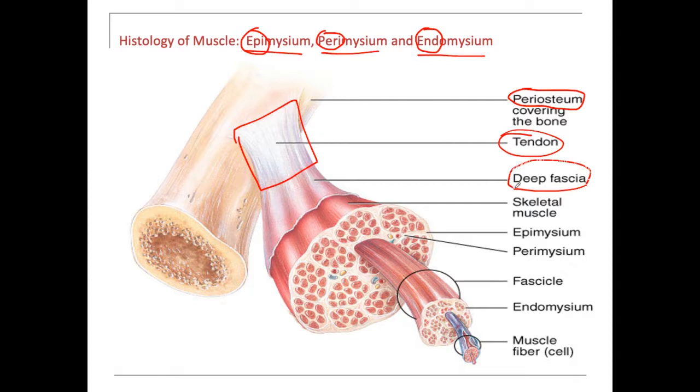Fascia is a layer that surrounds muscle. It surrounds organs and it surrounds blood vessels, but fascia happens to be a problematic feature of muscle, and here's why.